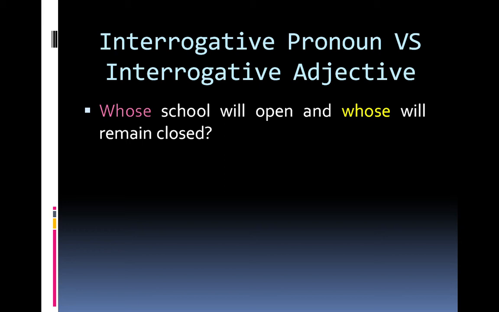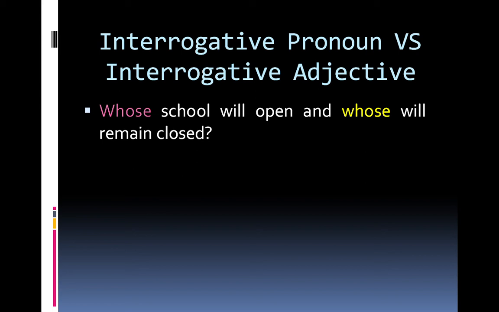It's the choice of the paper setter which choice they give to you. They could give the choice in such examples. They could give the choice of interrogative pronoun or interrogative adjective. One of the two choices will be among the options. In the second example, whose will remain closed. It's impossible to call whose an interrogative adjective because now the noun is missing.